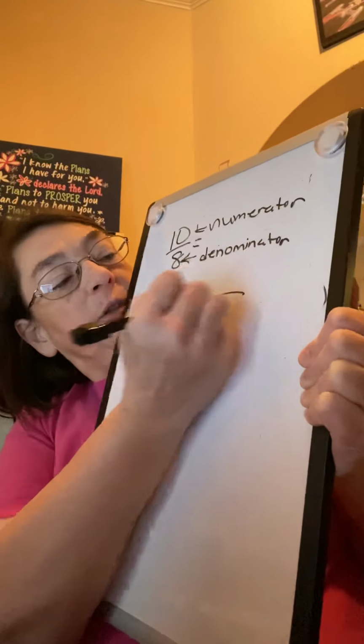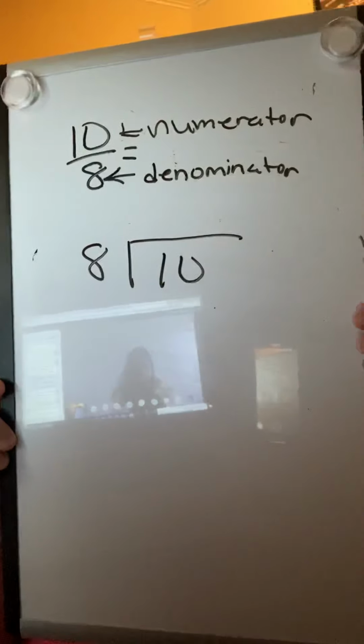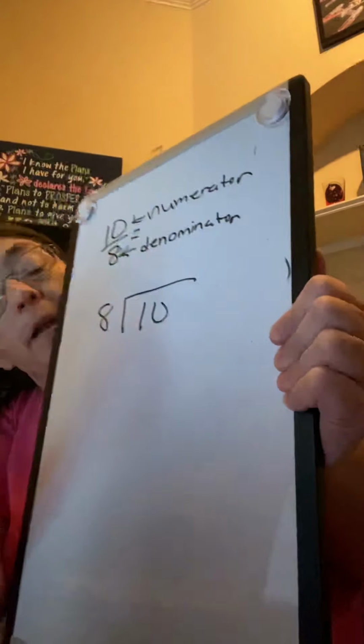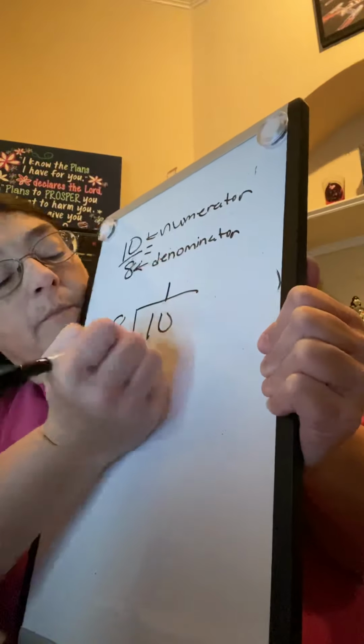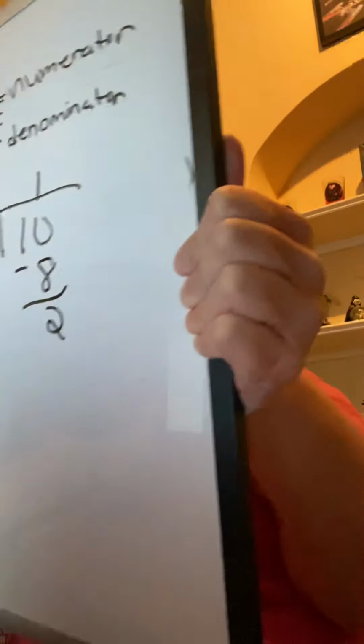I'm going to put a division sign and put my numerator in there. Okay, now I just need to divide. 8 goes into 10 one time. That gives me 8 with a remainder of 2.